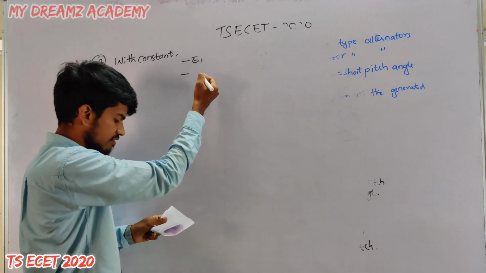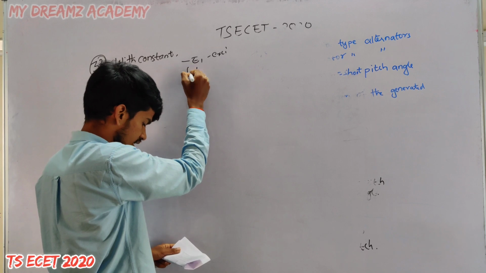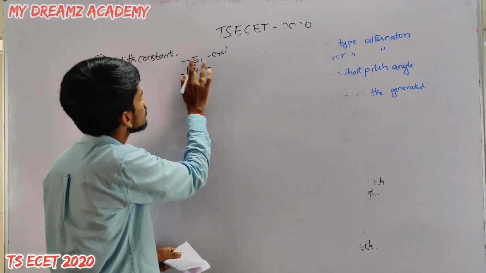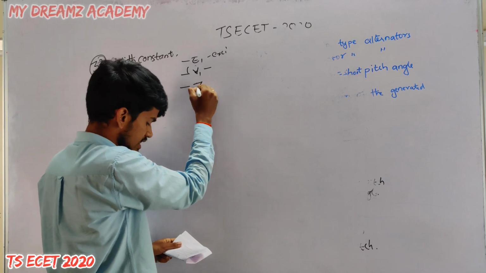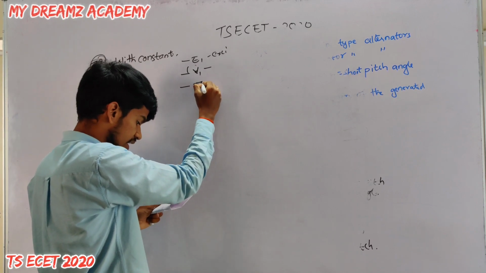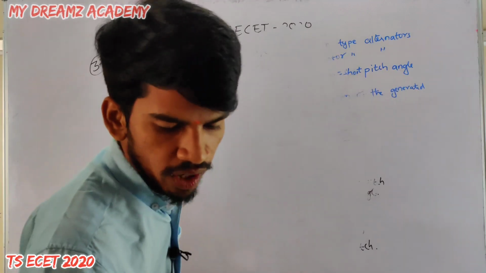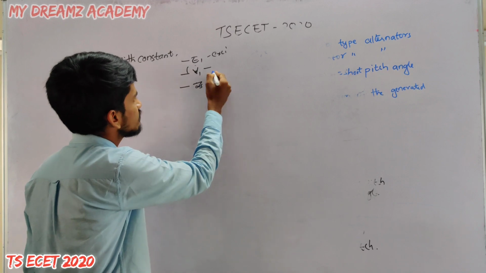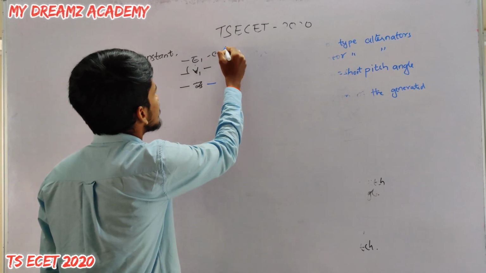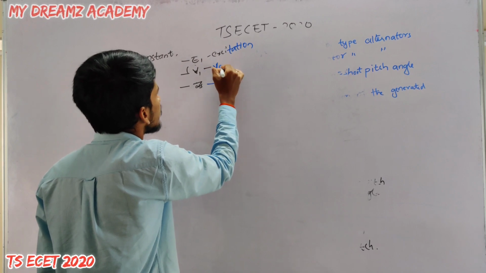E1 means excitation. Next, V1. Next, our next one is impedance ZS. What is E1? What is V1? What is ZS? We will see. E1 is excitation. V1 is voltage.